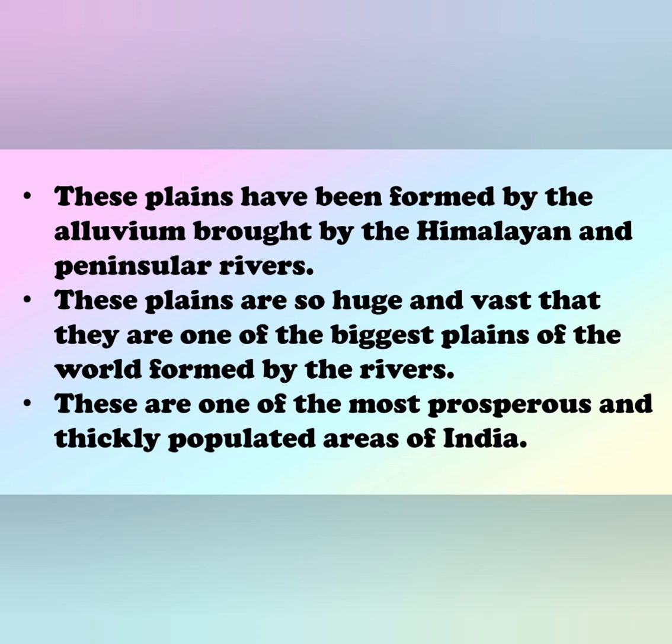Here, peninsular rivers are the rivers that originate from the peninsular plateaus and small hills of India. These plains are so huge and vast that they are one of the biggest plains of the world formed by the rivers.